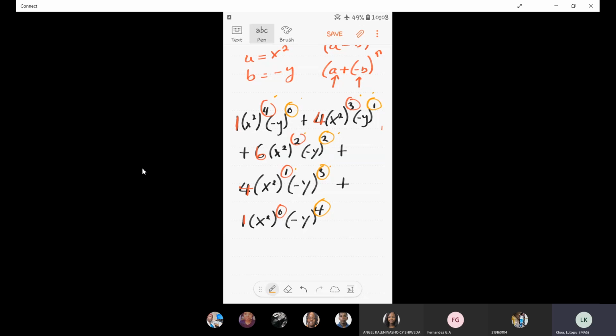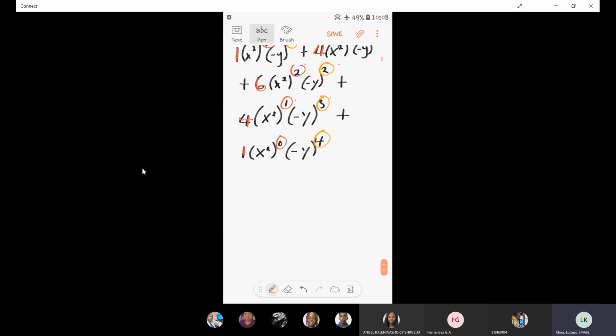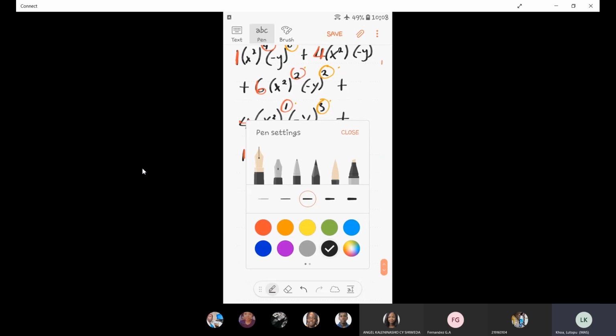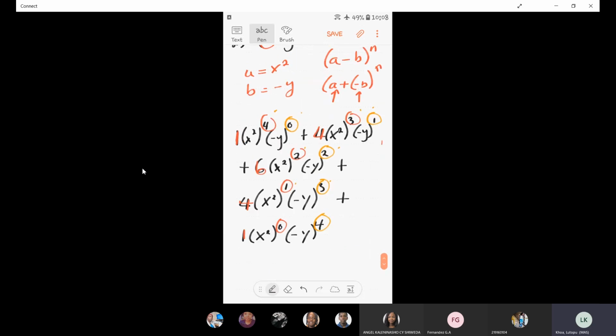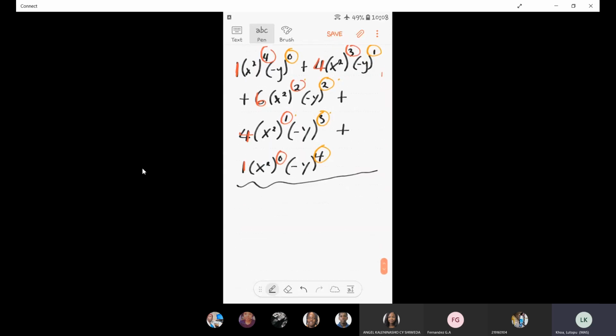Okay, then now I simplify, and let us do that. Okay, so for the first one, I have 1 times x squared to the power of 4. That is just x to the power of 8. Y to the power of 0 is just 1, so I don't need to write that one.